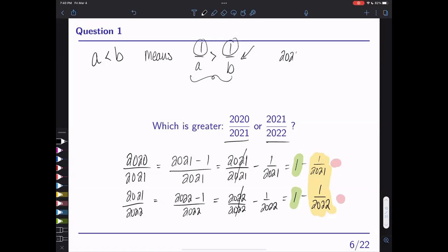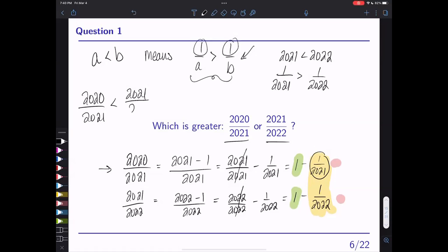And I know 2021 is less than 2022. So 1 over 2021 is going to be greater than 1 over 2022. And now I know for certain if I'm subtracting a bigger number, I'm smaller than the other. That happens here. So 2020 over 2021 is smaller than 2021 over 2022.